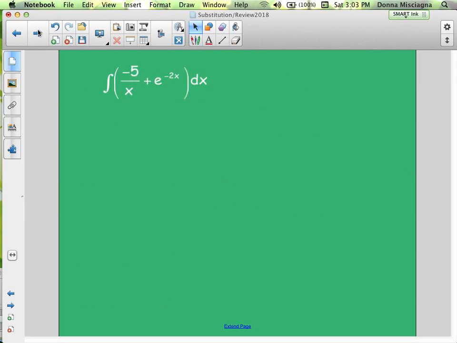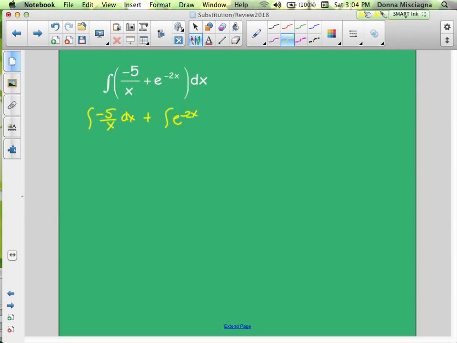Sorry about that. All right, now let's try this one. First of all, I'm going to split this integral up because I don't need substitution for both of them. I'm going to split this up into negative 5 over x dx plus the integral of e to the negative 2x dx.